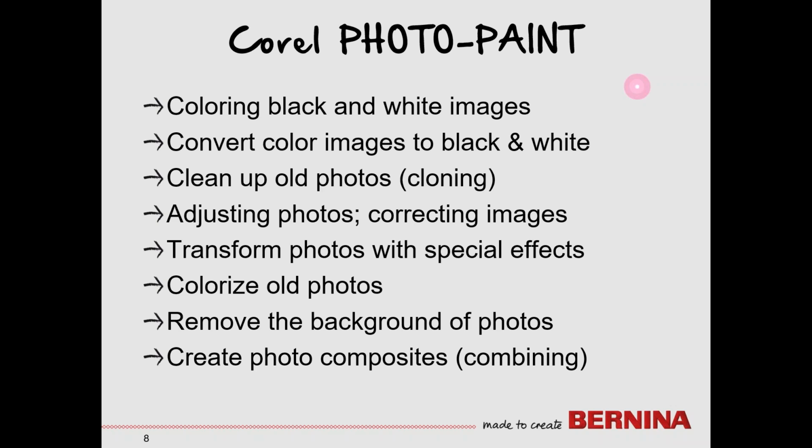We're going to look at recoloring colored images into black and white, and we'll clean up some old photos. You'll learn about adjusting photos, maybe adding brightness to them. We'll add some tints, we'll remove the background, and then we'll create some photo composites. These are just going to be really short exercises just to introduce you to different possibilities.